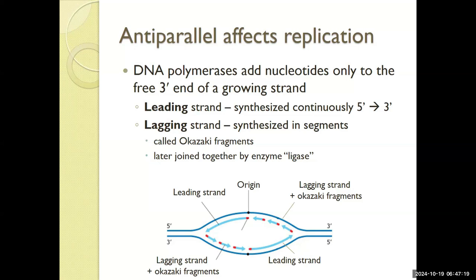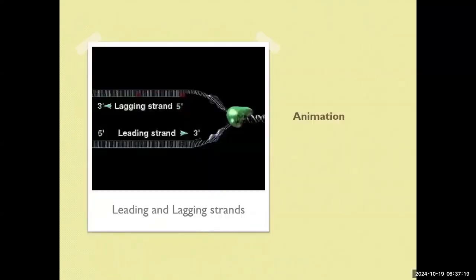One is known as the leading strand, the other is known as the lagging strand, because it's being elongated in small segments that will then need the additional step of ligase to join them together.